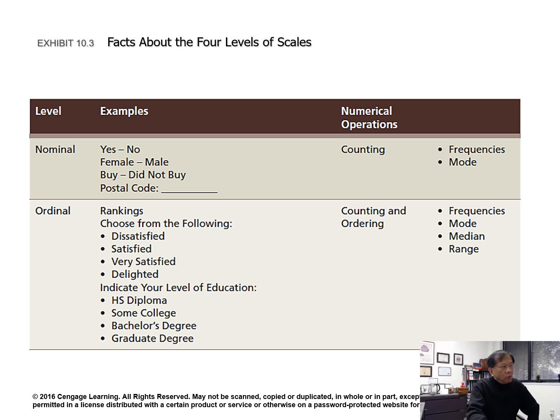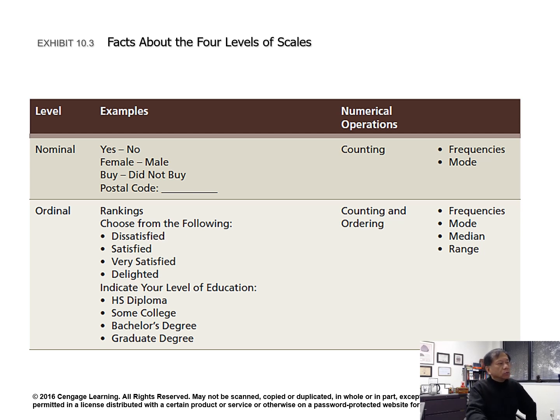Okay. For ordinal scales, it's about ranking. You can choose, for example, from the following: very dissatisfied, dissatisfied, satisfied, to delighted. This rank order shows how happy or how satisfied you are with something. Another example is your level of education.